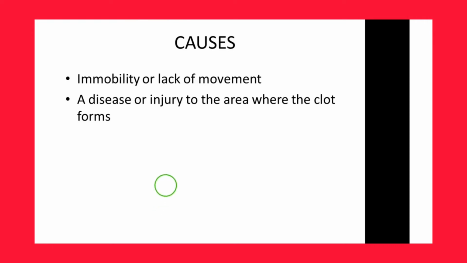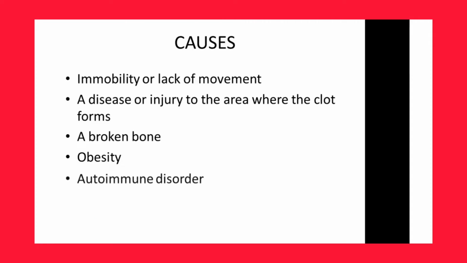The other thing that we must know is that coagulation disorder is serious, especially in a broken bone with obesity. Obesity, I have explained earlier, is where the vessels contain lipids, fatty substances which can help start the process of coagulation.